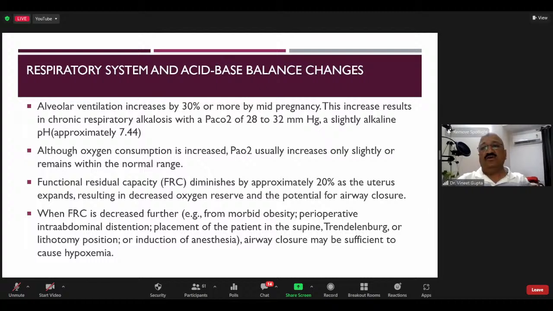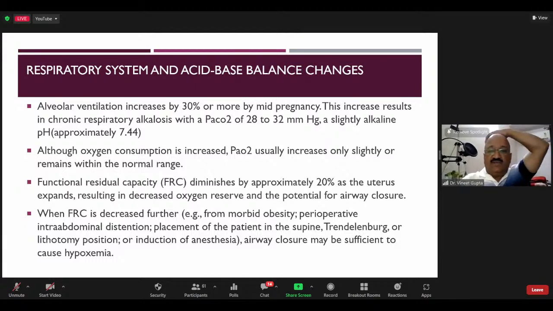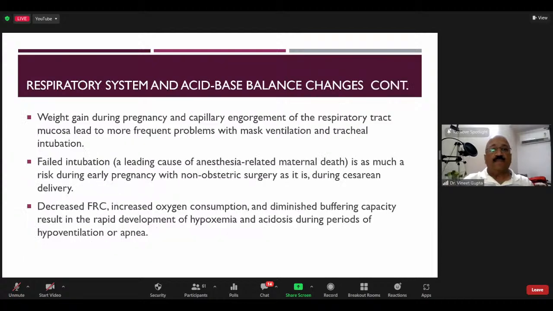This has all been discussed very nicely in madam's topics. When FRC is decreased further by morbid obesity, perioperative intra-abdominal distension, placement of the patient in supine, Trendelenburg or lithotomy position, or induction of anesthesia, airway closure may be sufficient to cause hypoxia. That is the important point.